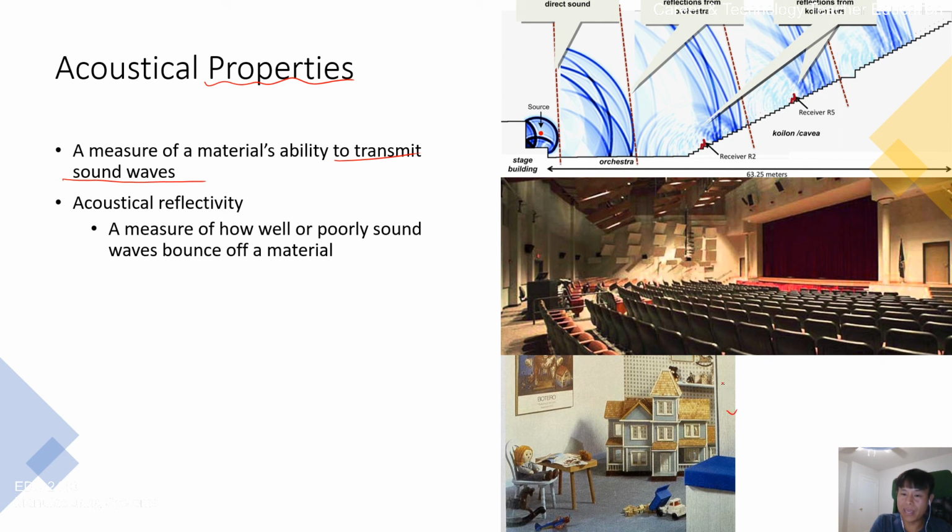Sometimes we paint or paste wallpaper that prevents sound waves from transmitting, or carpet also prevents sound wave transmission. But in a theater, we sometimes use sound reflection using certain materials. If you play a song or music, it reflects to the audience. That's why theater engineers use this principle for acoustical properties.